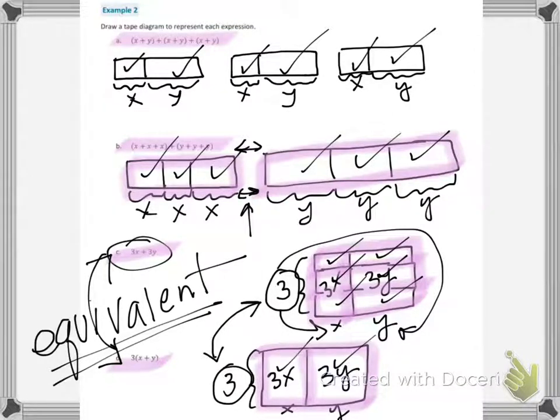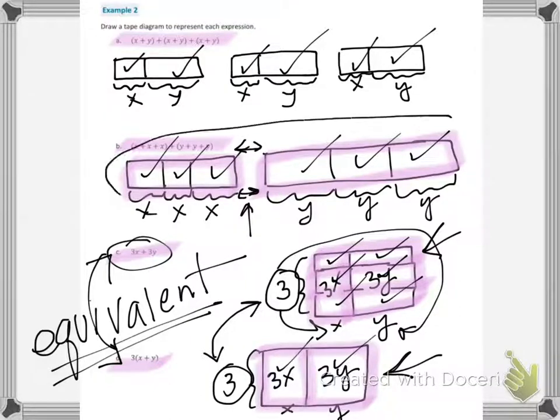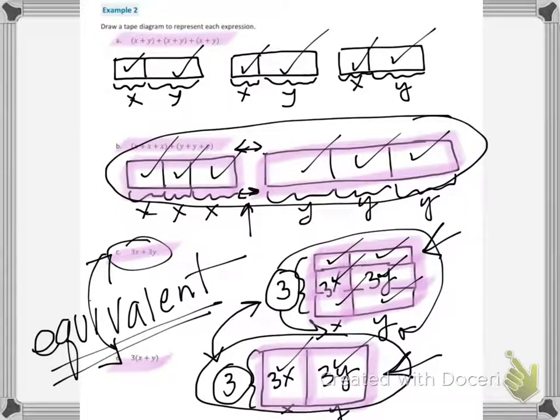3 groups of x plus y right here is the same as multiplying 3 by the x and the y, which is what we did right down here. So we can see this idea of using arithmetic as we did up here, and using algebra as we did down here, and to some extent here as well.